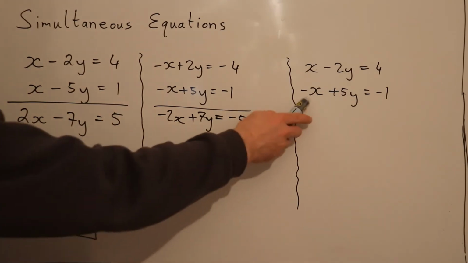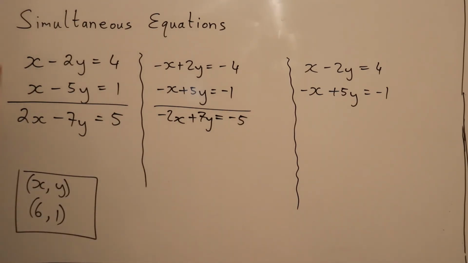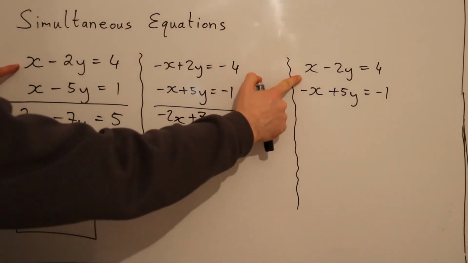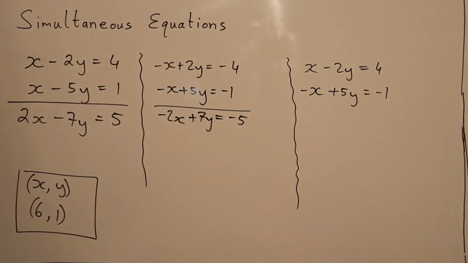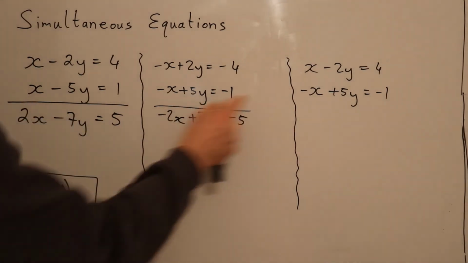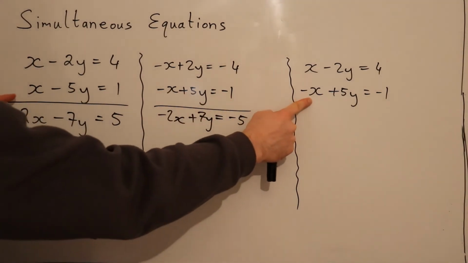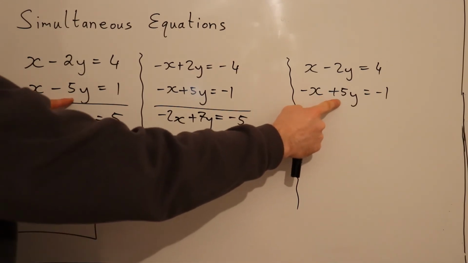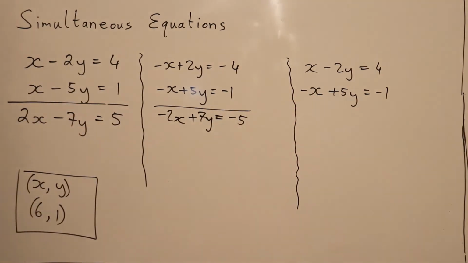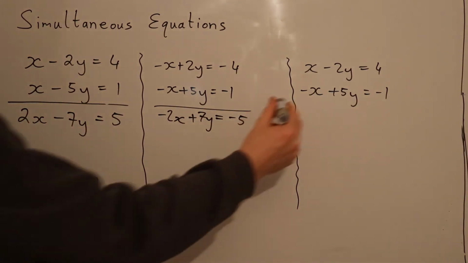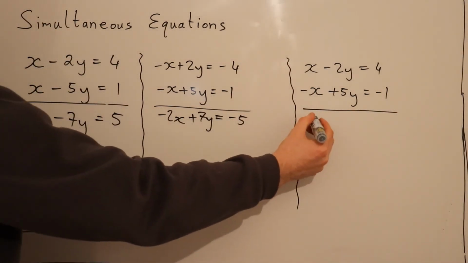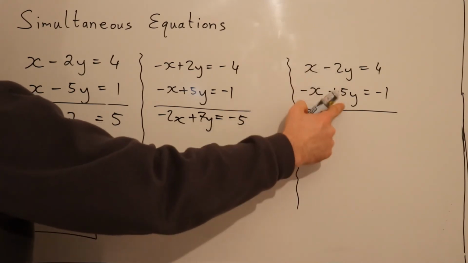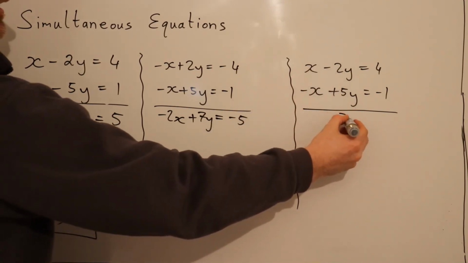If you look here in the last one, we've left this unchanged, so it's still plus 1x minus 2y equals 4. So that hasn't changed at all. But we have changed the signs on this equation. So again, we could say that we changed all of these signs. Will the problem get any easier now? So 1x minus 1x, that's 0 x's. Minus 2y plus 5y, 3y.